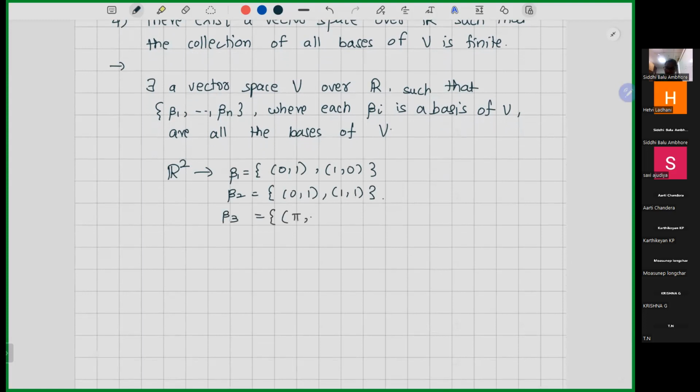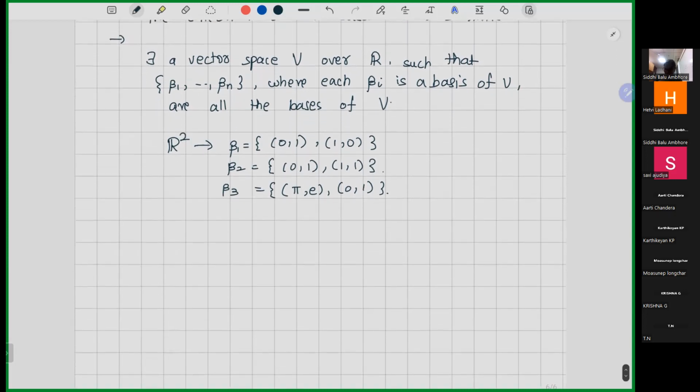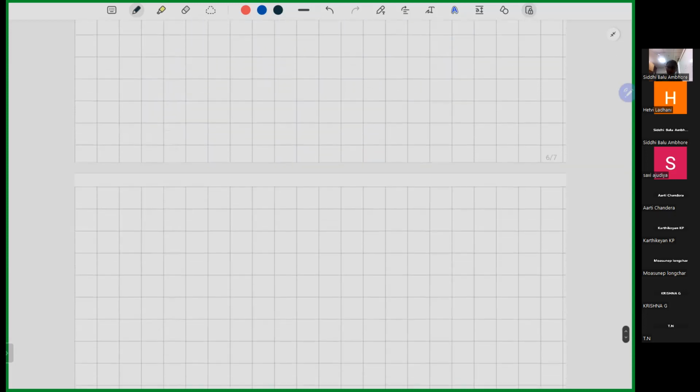Or I can just take this, this is a basis of R2. They are saying there are only finitely many such pairs possible. No, right, it's not true. Even Hetvi said it's not true. Karthikeyan also said it's not true. So this statement is false, as you all guessed correctly.